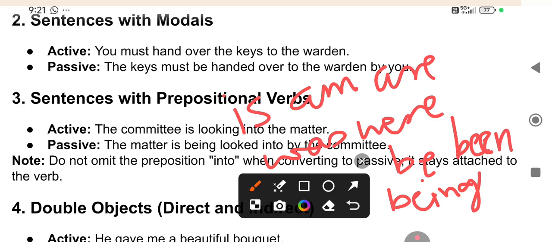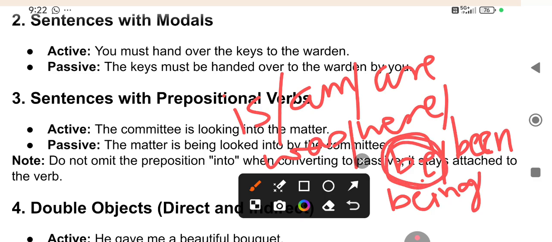Out of these 8, any one helping verb will be inserted in a passive sentence. Here we will pick up be for modals. And for imperative also, as we have seen earlier. And other rules will be the same.